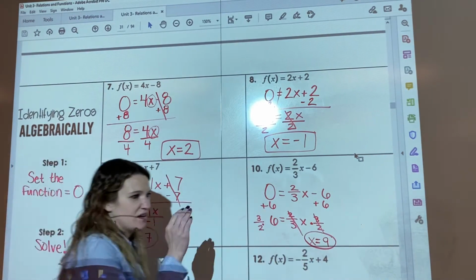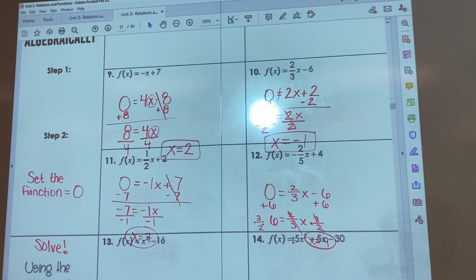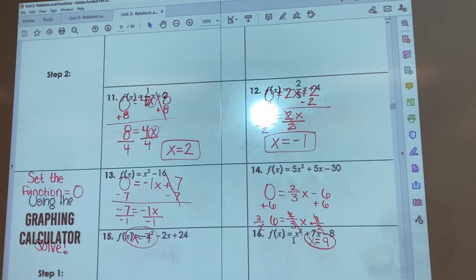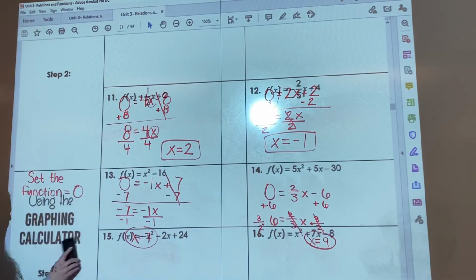Let me move my last examples up so I can have some space. We are actually going to stop after number 11. So let me move it down a little bit, because we're not going to learn how to do the graphing calculator because we don't have graphing calculators. And in Algebra 1, we really don't need them.